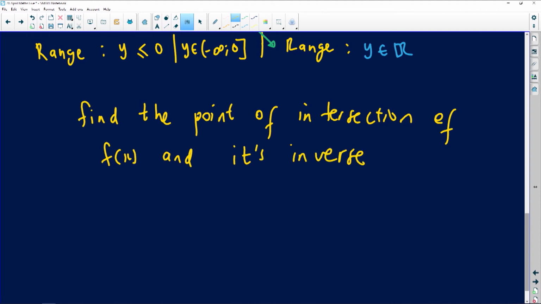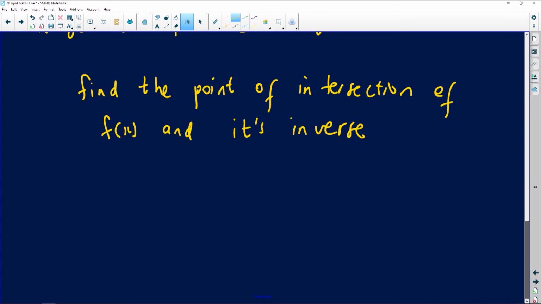Okay. Now, if I had to draw them on the same set of axes, I'm going to do a rough sketch now. They were going to look like this. Remember, the yellow graph is a parabola facing downwards, and it's passing through 0. The inverse is a parabola that is facing to the left-hand side, so they look somewhat like that.